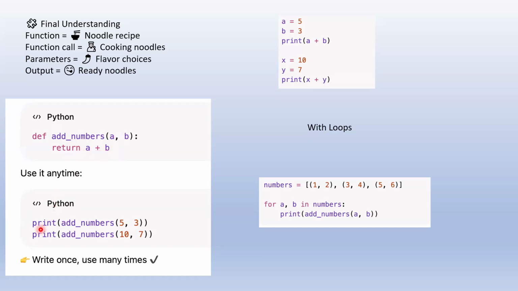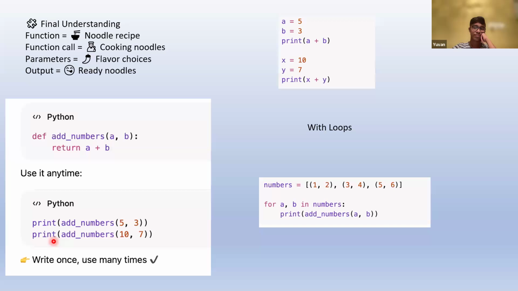So here, how are you passing? Print add numbers. You are calling the function name add numbers 5, 6. So 5 will be assigned to a automatically. When it calls, 5 will be assigned to a, and the other value to b. Now return a plus b, so it will display 8.